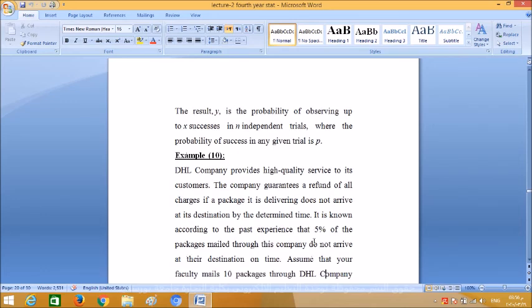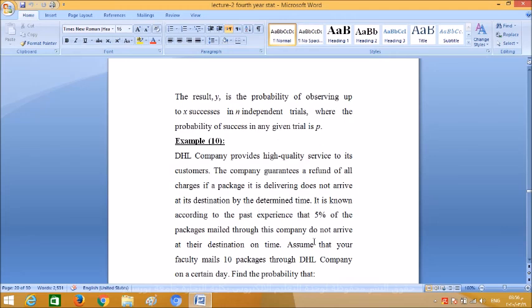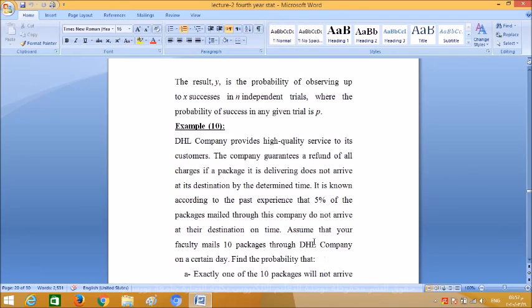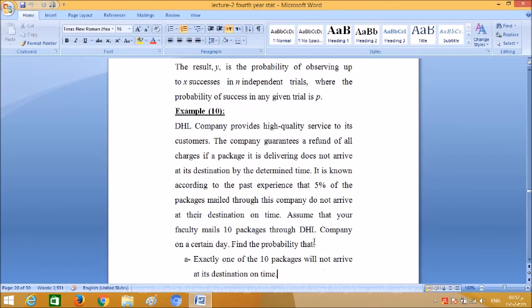Assume that your faculty mails 10 packages through DHL company on a certain day. Find the probability that number A, exactly one of the 10 packages will not arrive on time.